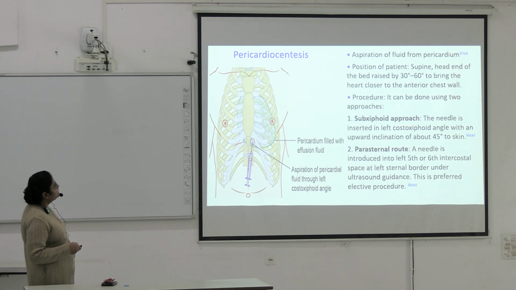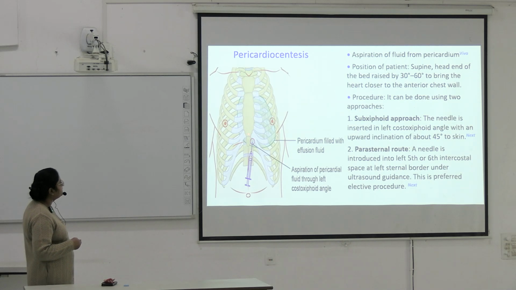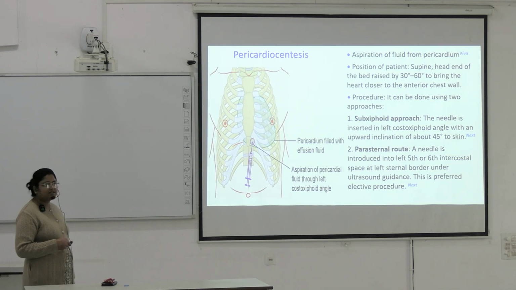In the subxiphoid approach, the needle is inserted in the left costoxiphoid angle here. This is the xiphoid process of the sternum. Here is the costal margin. So in between the costal margin and xiphoid, this is the costoxiphoid angle. In the left costoxiphoid angle, you have to place the needle of the syringe. The needle is inserted in the left costoxiphoid angle with an upward inclination of about 45 degrees to the skin.